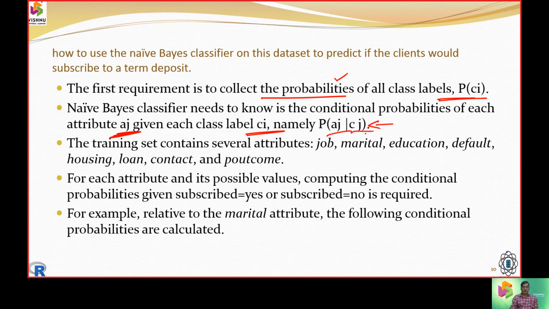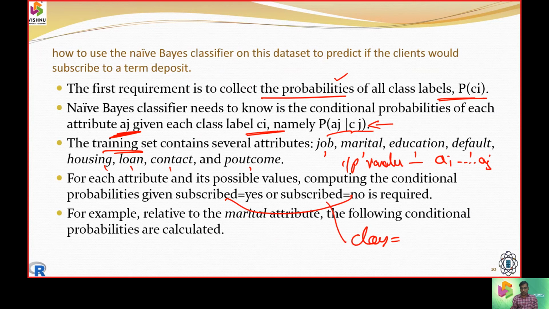Now we are applying it to the training set. As mentioned, job, marital status, education, default, housing, loan, contact, outcome are all input variables, and these input variables we will call A1 to Aj, and they belong to a class.